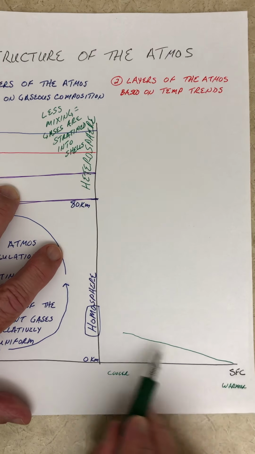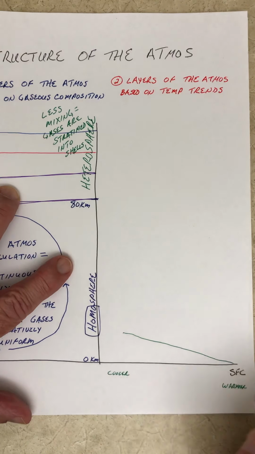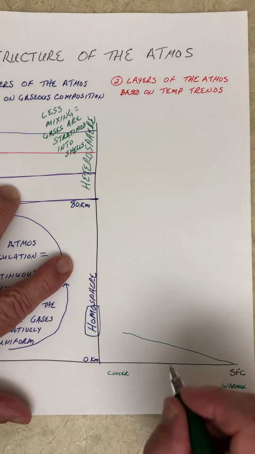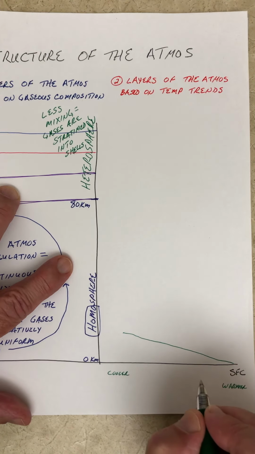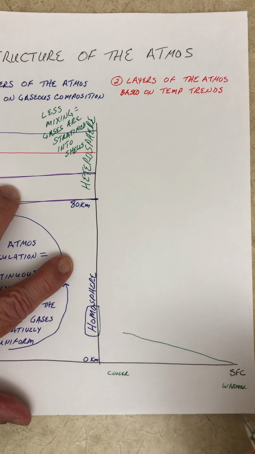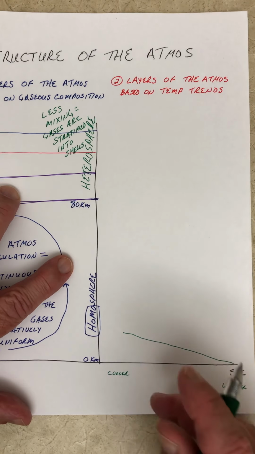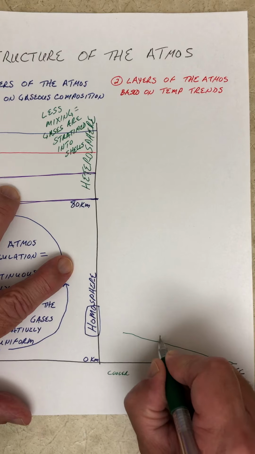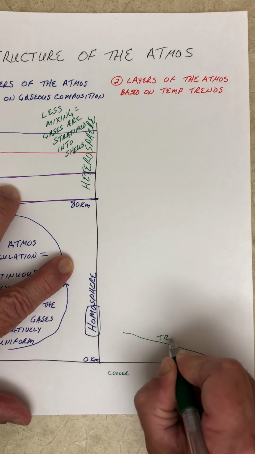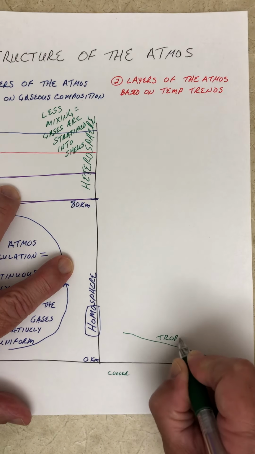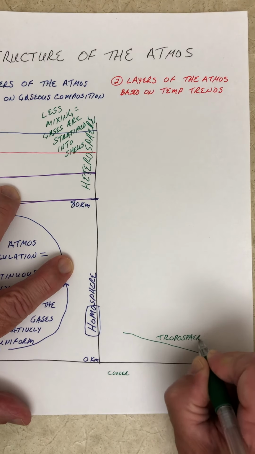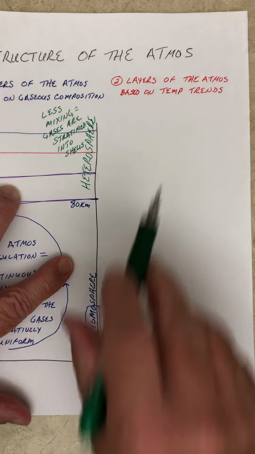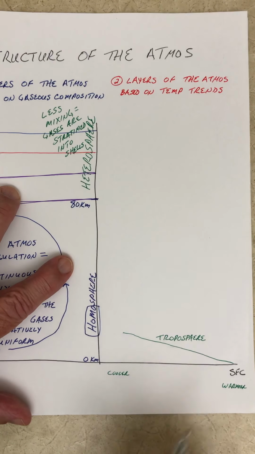And so notice that as we go up into the atmosphere, the temperatures are cooling, and you knew that already. If you drive up a mountain, if you're in a hot air balloon, if you're in an airplane, whatever, you know the temperatures get colder as you go up into the atmosphere as the altitude increases. So this lowest layer of the atmosphere based on temperature trends is called the troposphere.